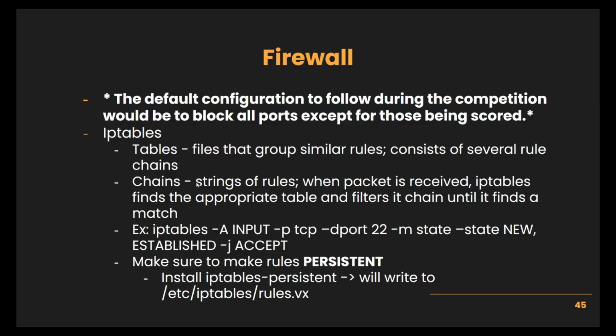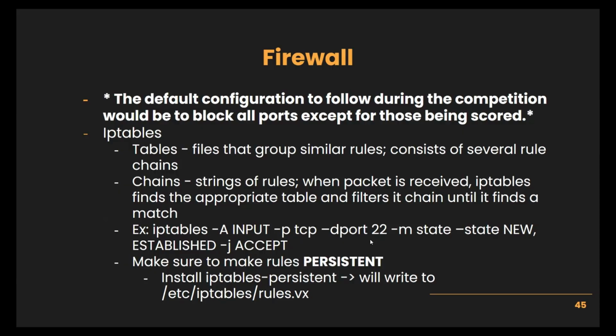So here we have an example, iptables, and then -A is append, right? So this is a new rule you're adding in, and then the protocol is TCP, and then dport basically means this port is open for incoming connections on port 22, and in this case 22 is SSH. So you guys would need to do this during the tryouts.